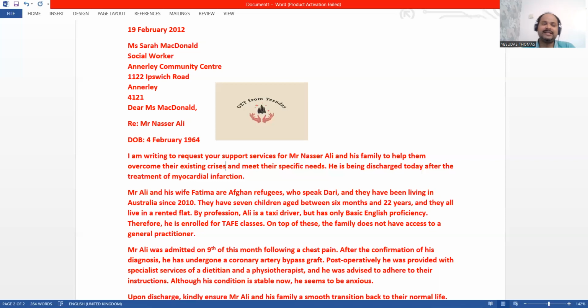Some of the specific needs: they need support. The social worker needs to see that he is being discharged today after the treatment of myocardial infarction. So that is the end of the purpose.